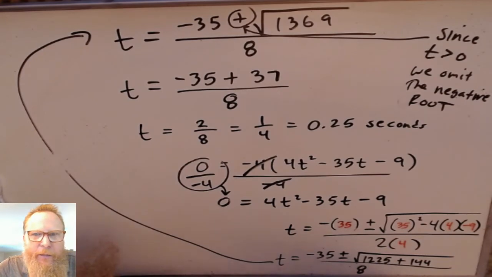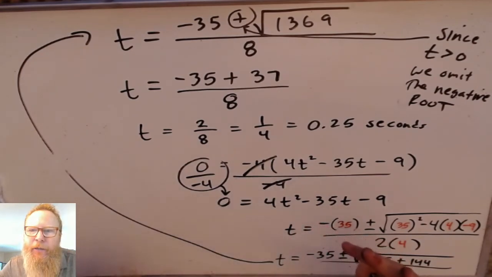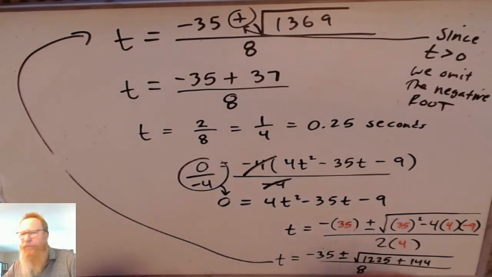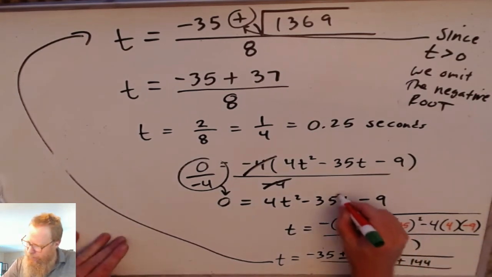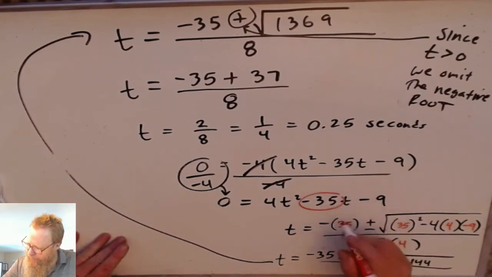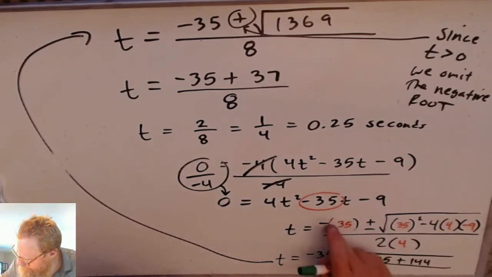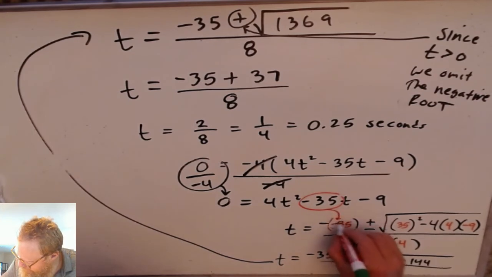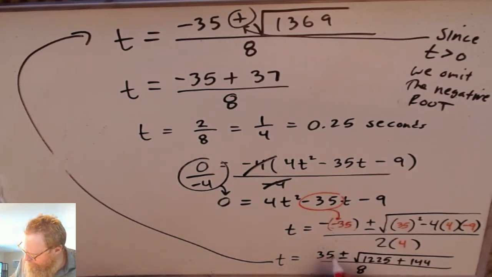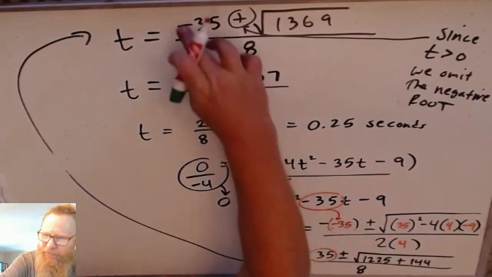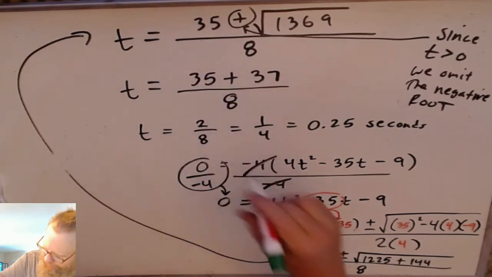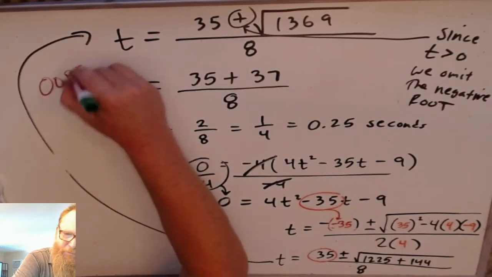Oh my goodness. Look what I did. Rookie maneuver. Rookie maneuver. I need to go back to the farm team. Look at that. The 35 is positive. Oops. Correction.